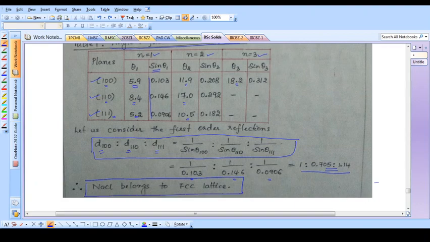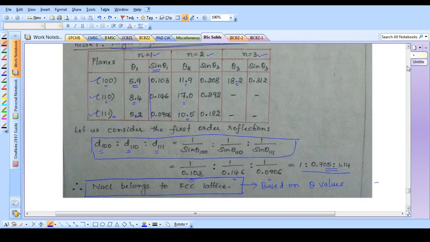So this conclusion is drawn based on 2 theta values or theta values. So the position of the diffraction spot gives us information about the type of crystal lattice.